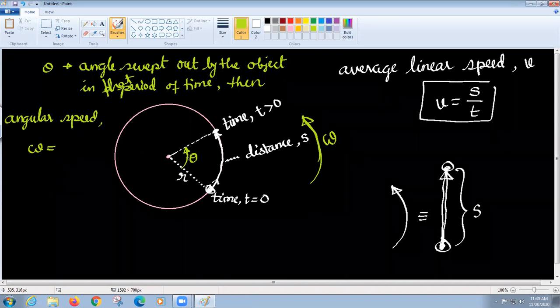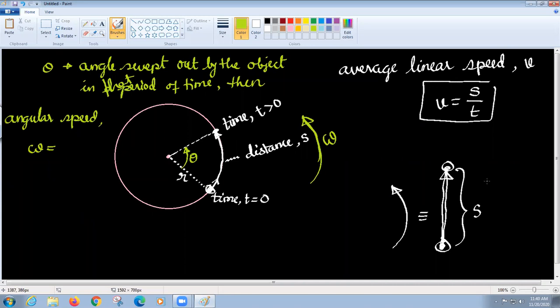No, just compare with this: theta by t. Generally we take the average, delta theta by delta t, but we are taking the whole quantity here, theta and t. So just compare with this.